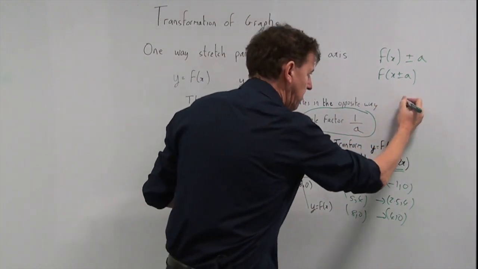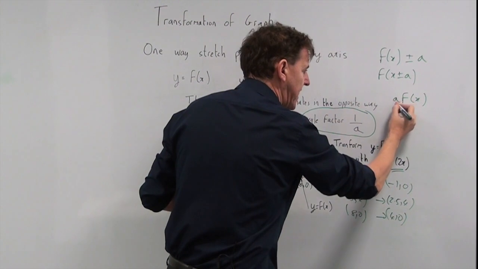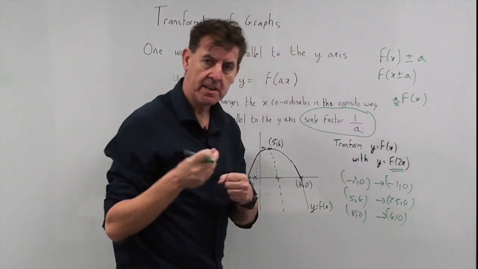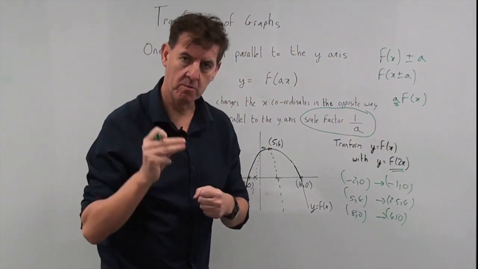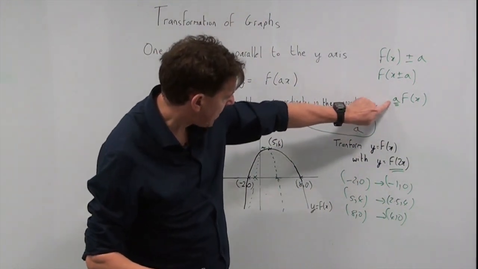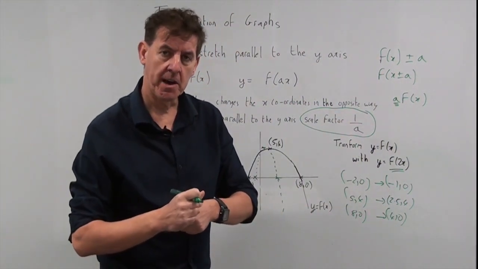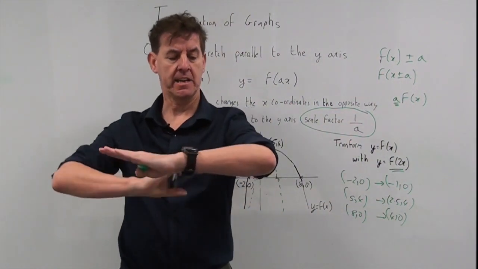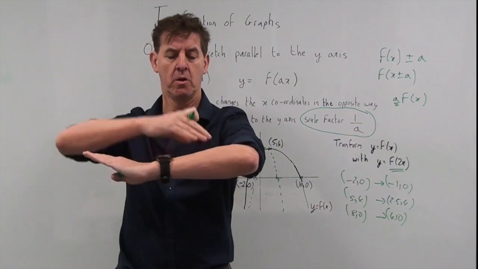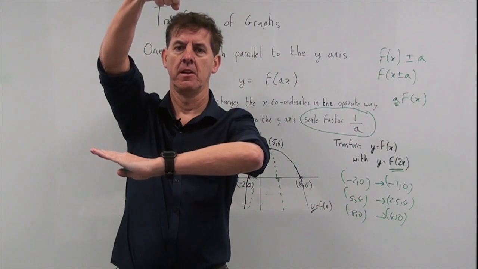Then what did we do? We were then multiplying by a number. So if I suddenly put that number on the outside, what does that do? It affects the y coordinate how you would expect it to. So say that number was 3, 3f(x), it would times each of the y coordinates by 3. So what's happening to the x-axis? It holds. All those y coordinates have been times by 3, so it's stretching it up like that.